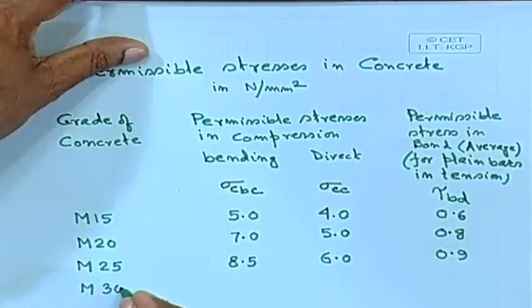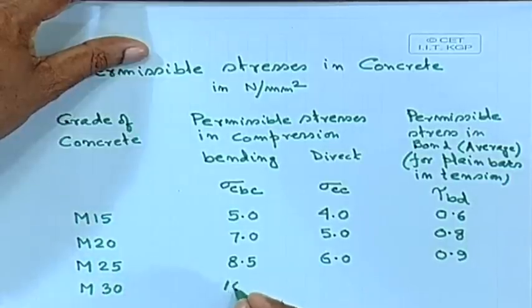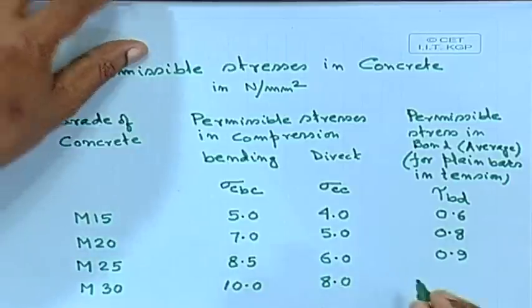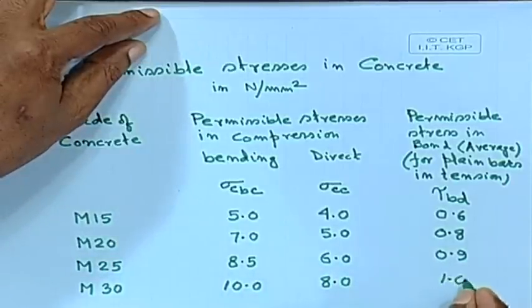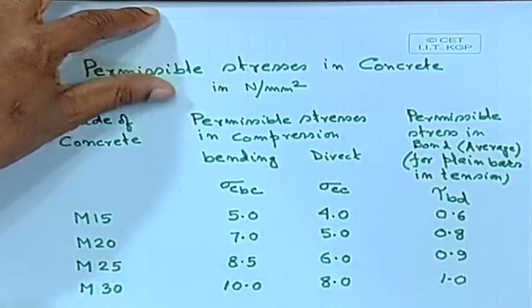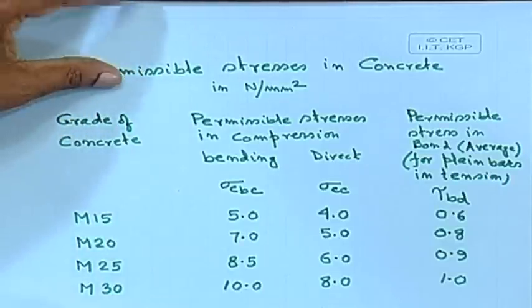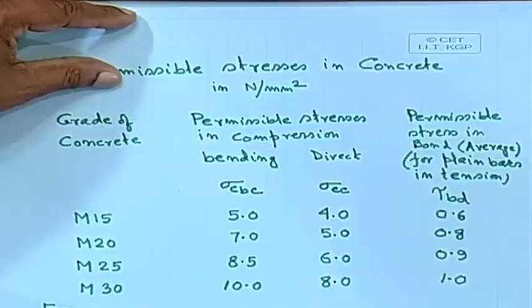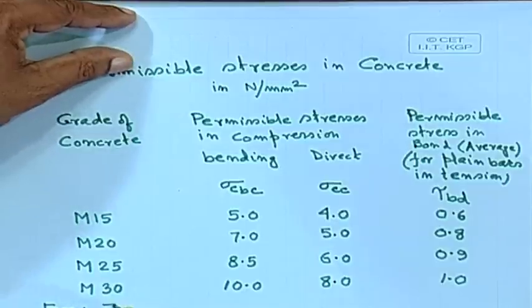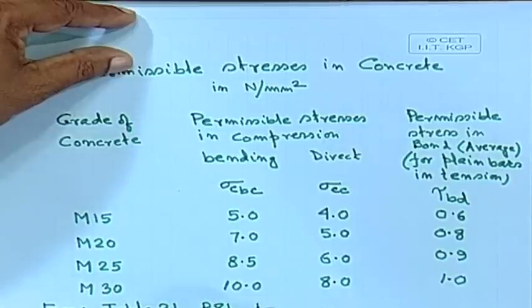M30: 10.0, 8.0 and 1.0. We have taken this from table 21, page 81, IS 456.